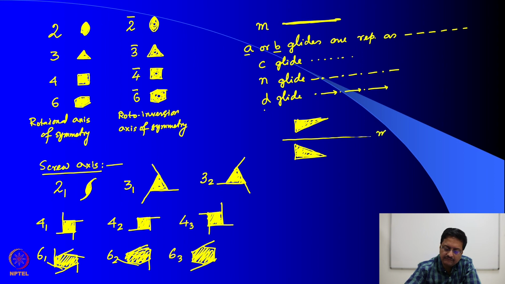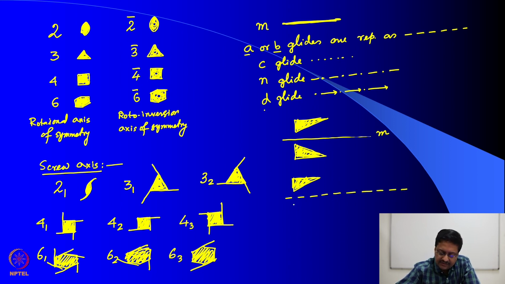But suppose we have a glide plane like this, it essentially means that the triangle is first reflected, and then translated along this direction halfway, and the object is there.